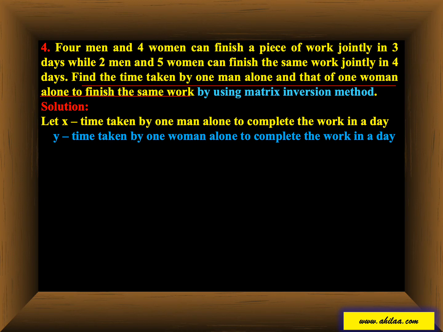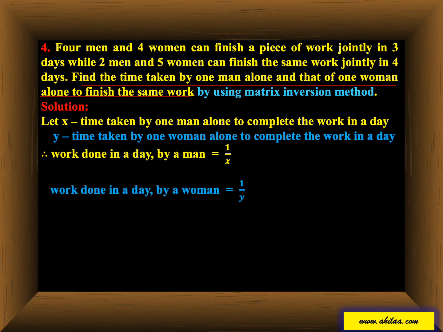So let us consider the work done in a day by a man, which is the reciprocal of the time taken. So 1 by x. Similarly, work done in a day by a woman equal to 1 by y.